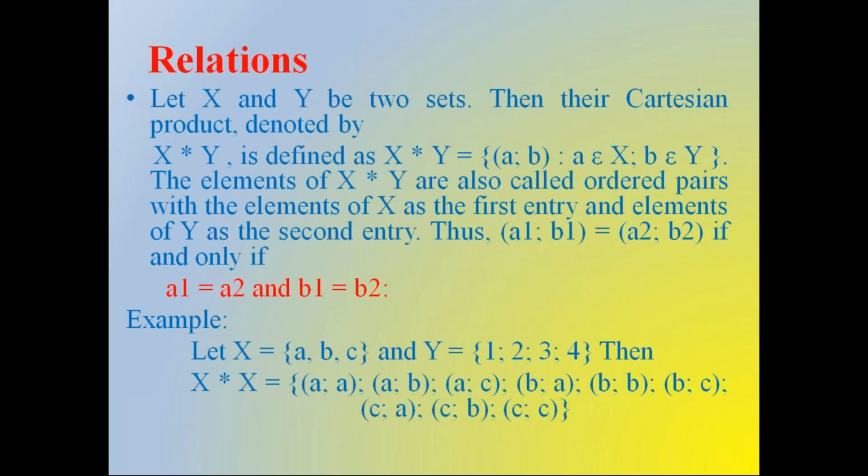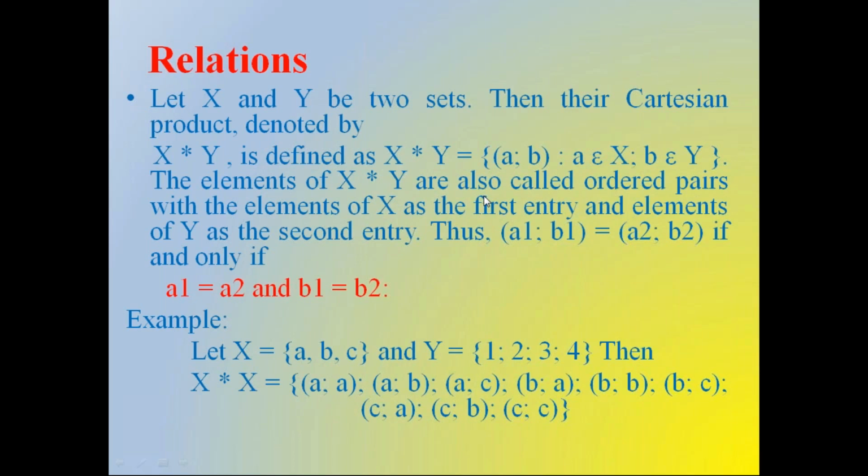So there may be up to 12 combinations. For our convenience, we can choose some of the ordered pairs, or go for all combinations. So this is the example for the Cartesian product between two sets.